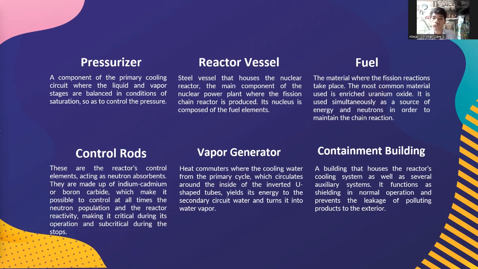While the nuclear power plant is operating, we need to check the vapor generator, like the steam generator that produces heat. So we need to check that to prevent malfunction in the machine.